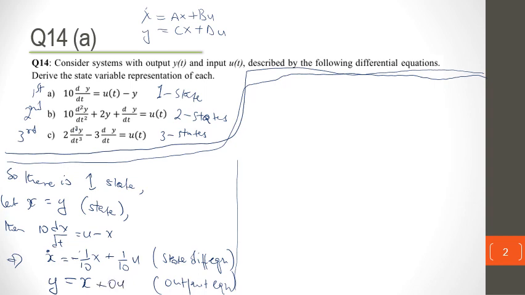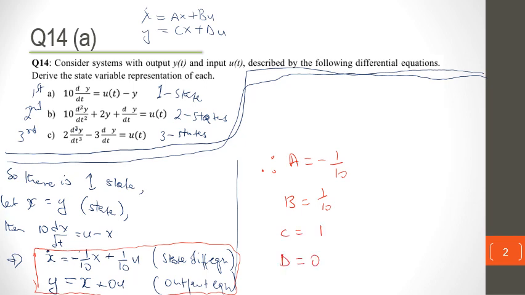So this becomes our state variable representation of this single input, single state system. We can therefore say A is equal to minus 1 over 10, B is equal to 1 over 10, C is equal to 1, D is equal to 0.